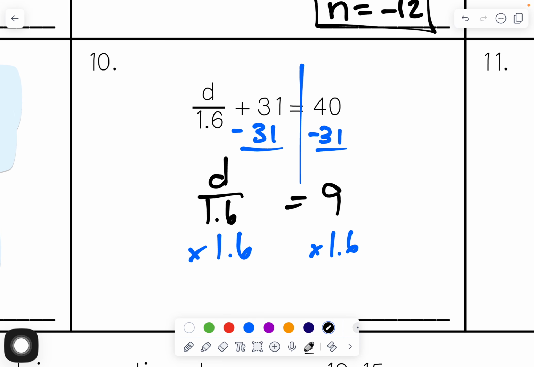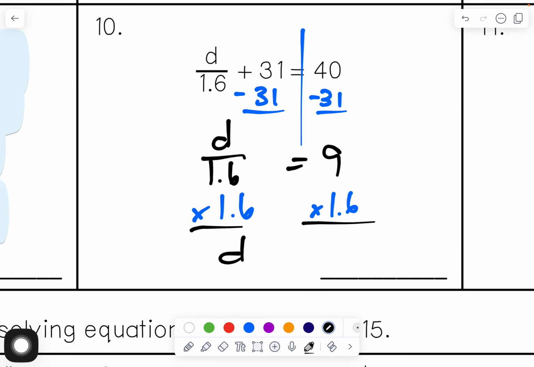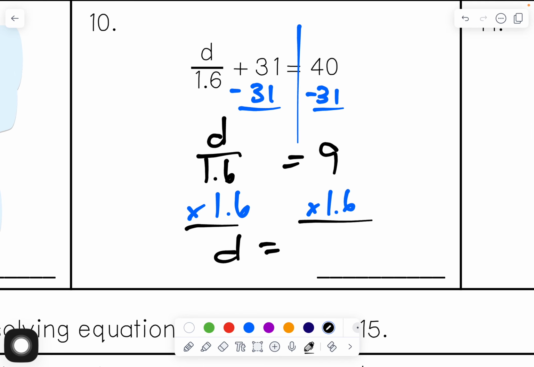That's probably one you're going to need your calculator for. If you do that correctly, you should get 14.4.